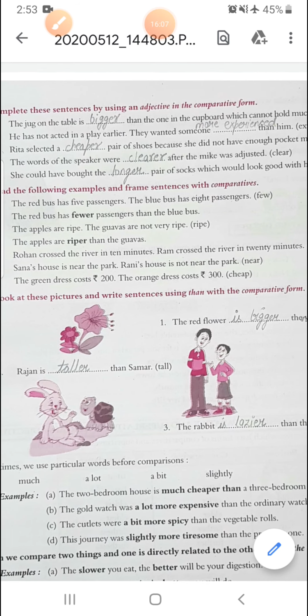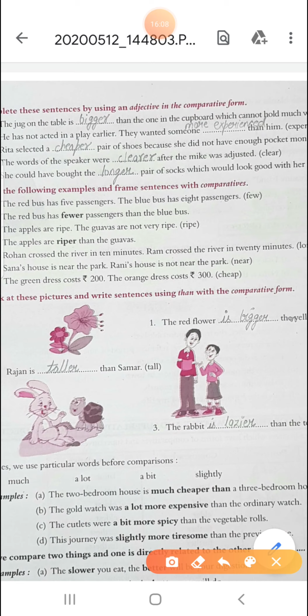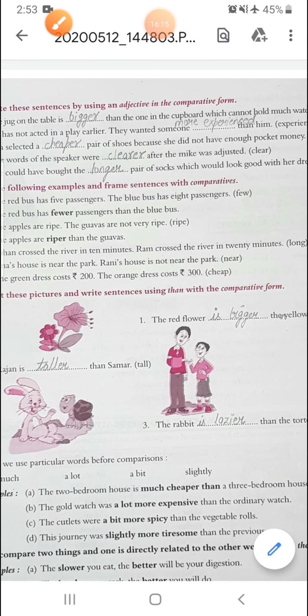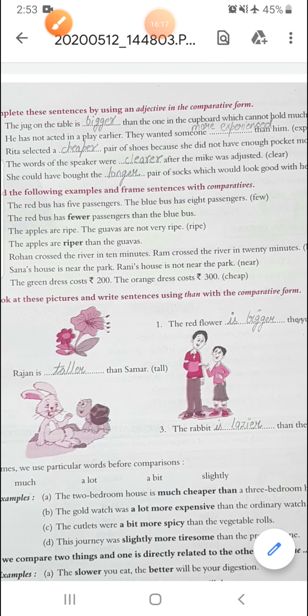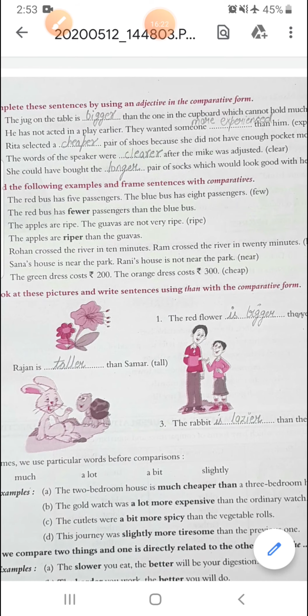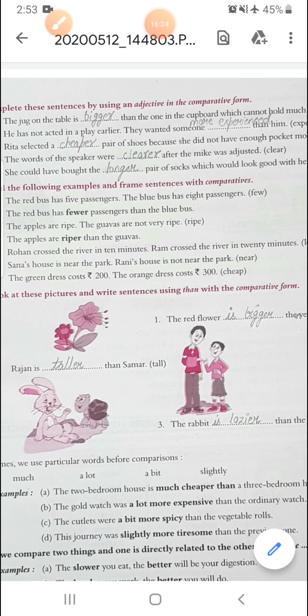See, Rohan crossed the river in 10 minutes. Ram crossed the river in 20 minutes. And we have to use the word long. Long comparative form is longer. So what will be the answer? Ram took a longer time than Rohan to cross the river.